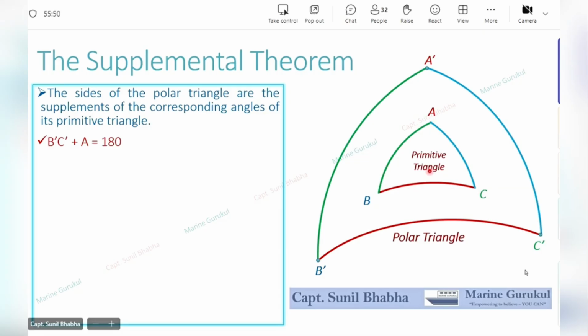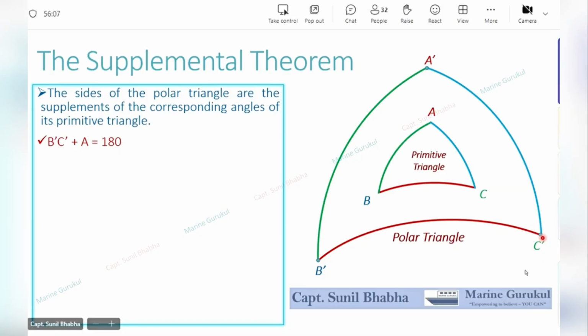The angle corresponding to side B'C' is angle A. You can also understand it easily by considering that angle A is opposite to side B'C'.